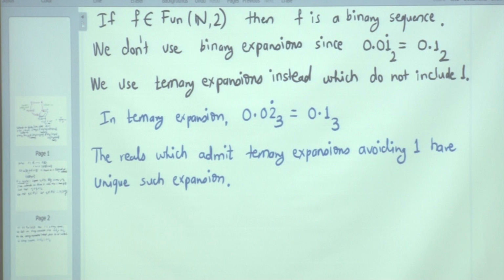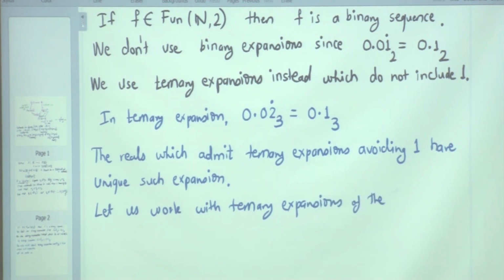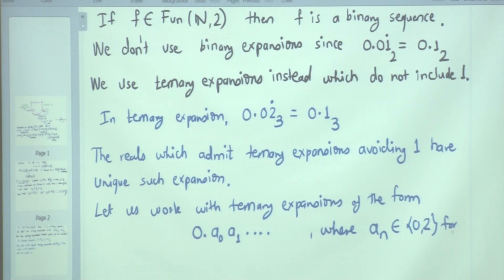Okay, let us start with something. I am only going to work with ternary expansions of the form 0.a0 a1 ..., where an belongs to {0, 2} for n in omega.